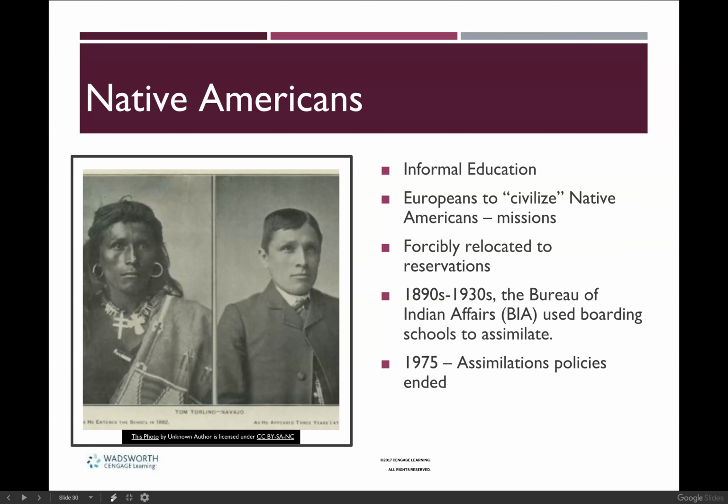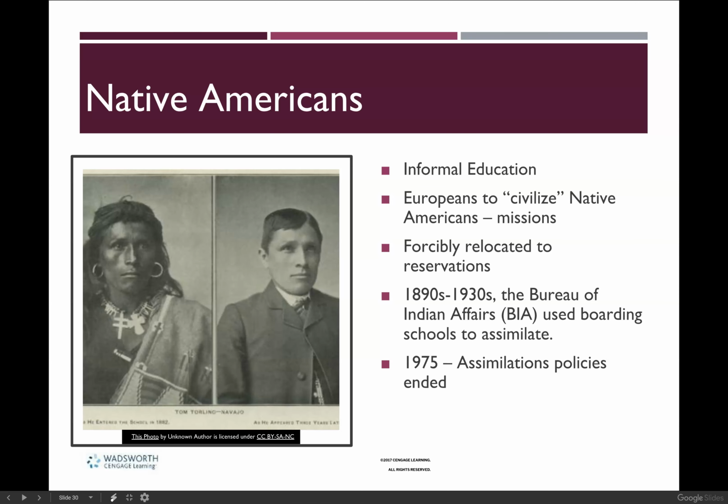Between the 1890s and the 1930s, there was the formation of the Bureau of Indian Affairs. So not even Native Americans, Indian Affairs. These were used to assimilate Native Americans. Depending on the height of the Native American, not even the age, just the height, they would take them away forcibly from their families and put them in boarding schools to, quote unquote, civilize them, to assimilate them to become American.